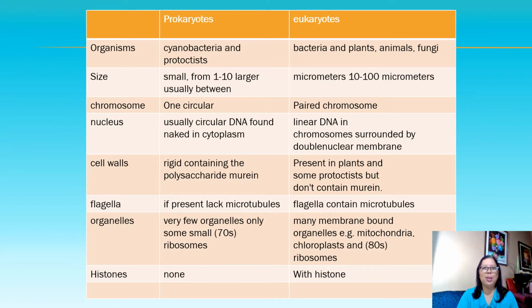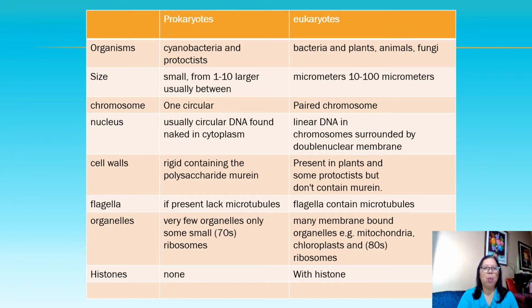And then for chromosomes, it has only one chromosome, but for the eukaryotic, they have paired chromosomes. In terms of nuclear characteristics, prokaryotes usually have the circular DNA found in cytoplasm, whereas for eukaryotics, they have the linear DNA found in chromosomes.